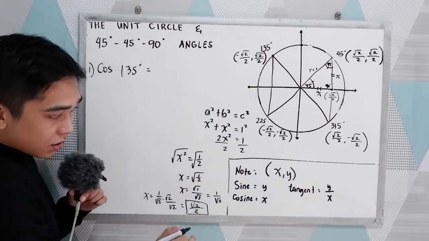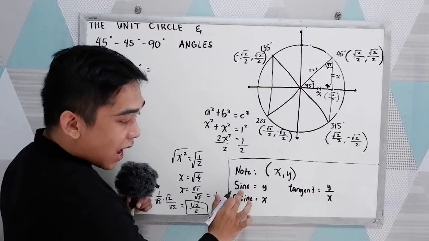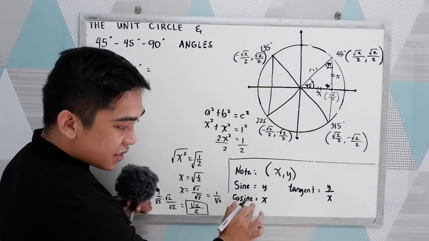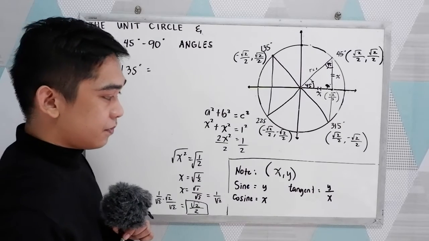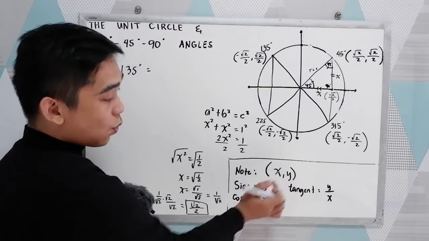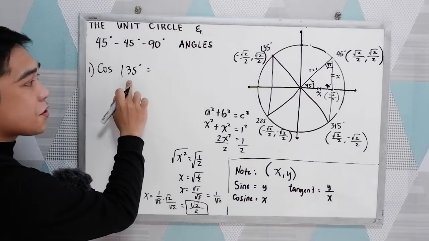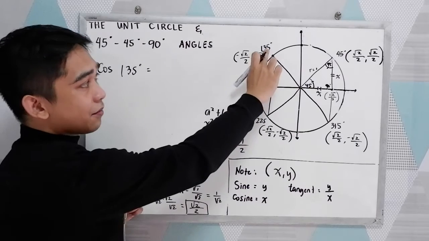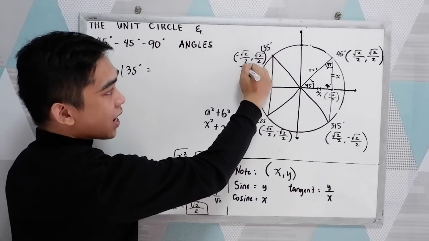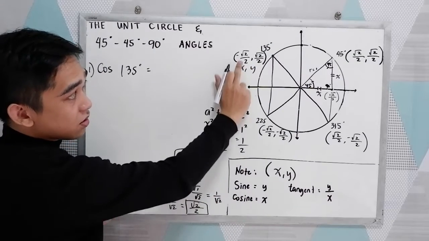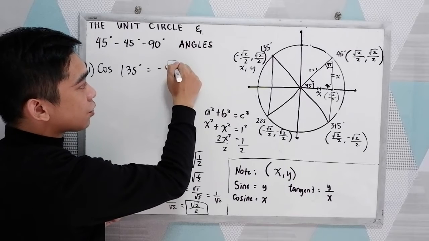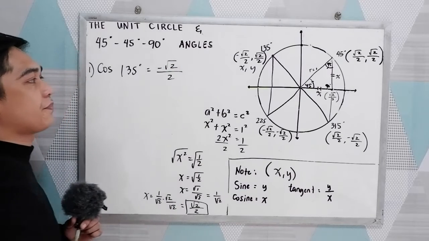Note, sine indicates our y, cosine indicates our x, and tangent indicates y over x. So our coordinate is (x, y). For cosine 135, locate 135. This is our x and our y. Cosine indicates our x, so that is negative square root of 2 over 2.